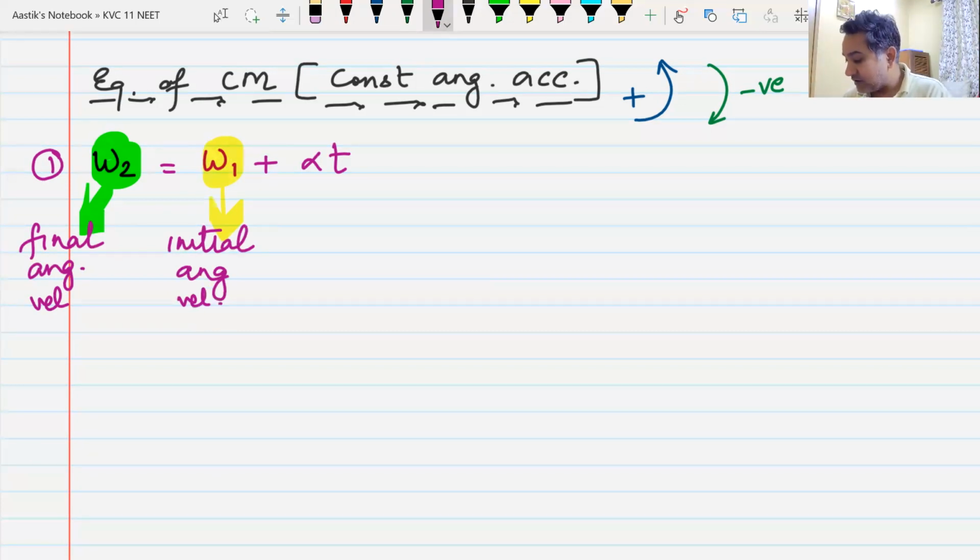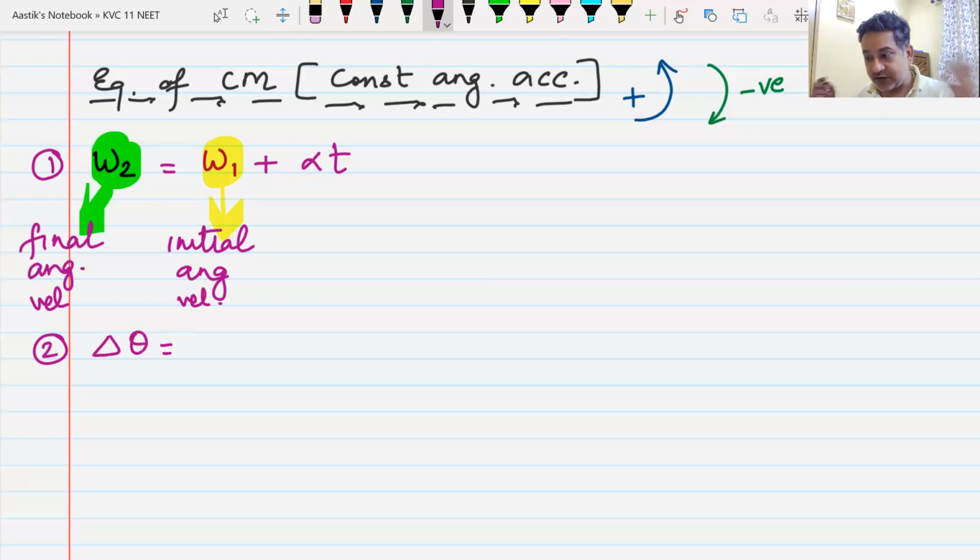If this is your first equation, what would be your second equation? I hope this equation reminds you of something that we have already done many times. Okay, no one knows it probably.